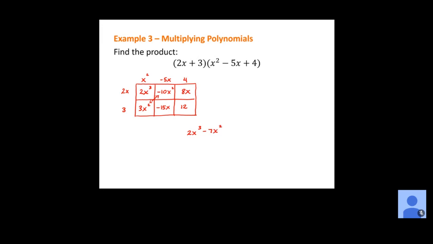Okay, now I'm going to look at my x terms. I have my 8x and my negative 15x. So what do we get when we combine those? Negative 7x. Good. And then finally, I have that 12. There's no other constants to combine that with, so I'm just going to put plus 12. And this right here is my final answer now.